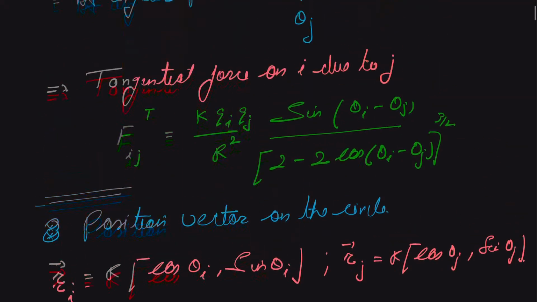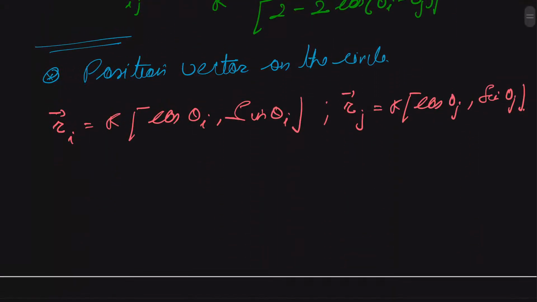You can just draw an approximate figure. So this was our center C, this was charge A placed on the circle, and this was our charge B, and the position vectors were Ri and Rj.